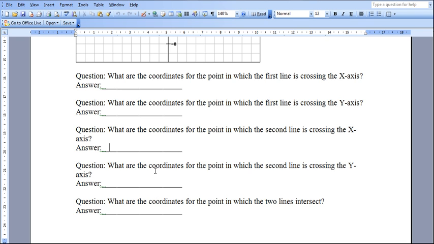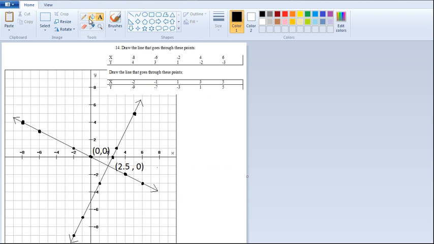What are the coordinates for the point in which the second line is crossing the y-axis? Well, we can see that the line is crossing the y-axis here in this point. Oops, that was not a nice point. So what's the coordinate for this point?